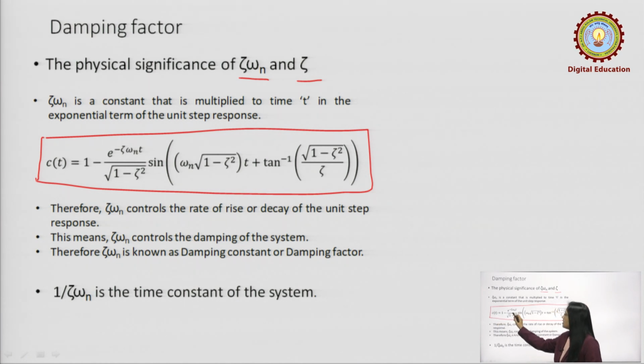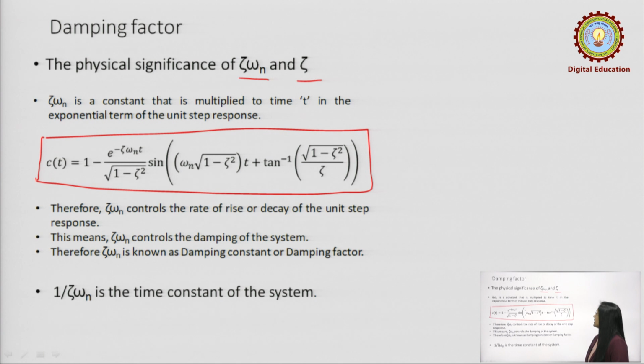C of t is 1 minus e raised to minus zeta omega n t upon root of 1 minus zeta square, sine of omega n root of 1 minus zeta square t plus tan inverse root of 1 minus zeta square upon zeta. This is the equation as obtained from the time response equation.